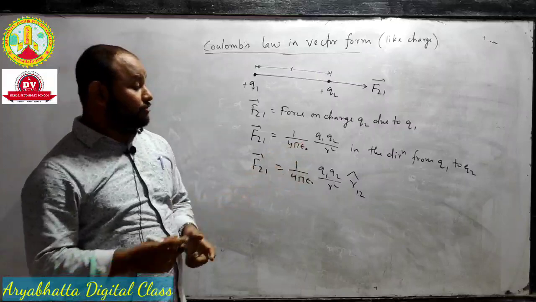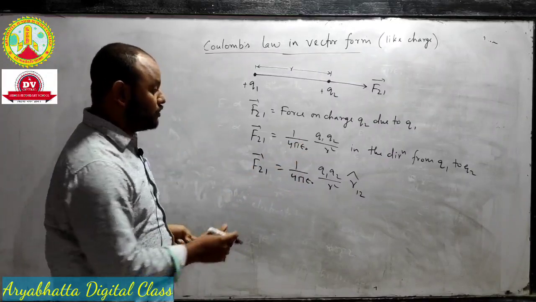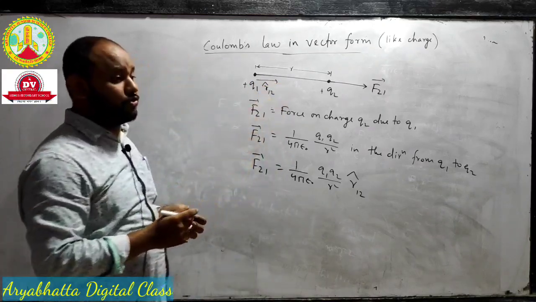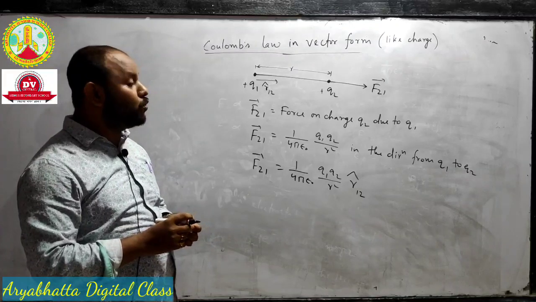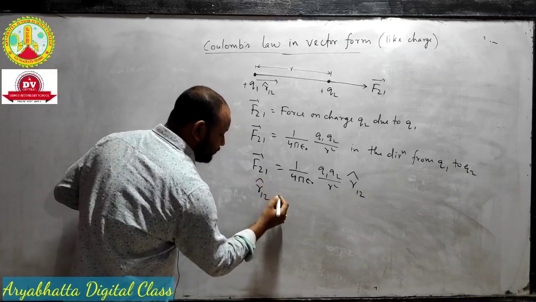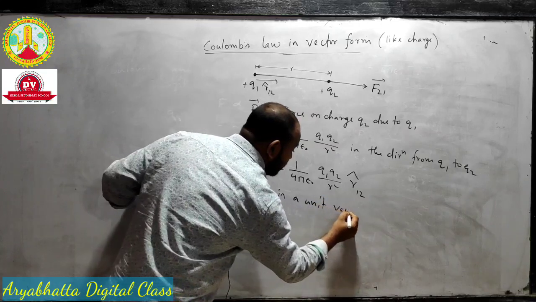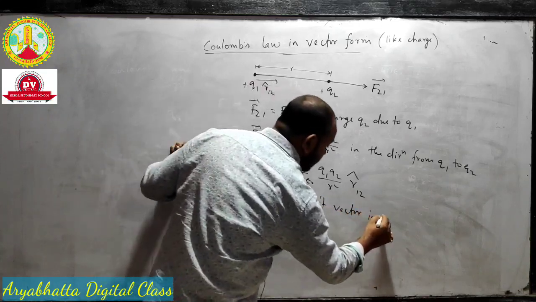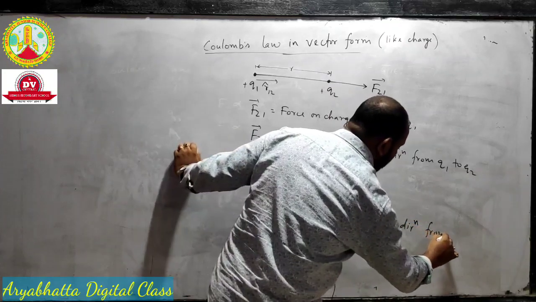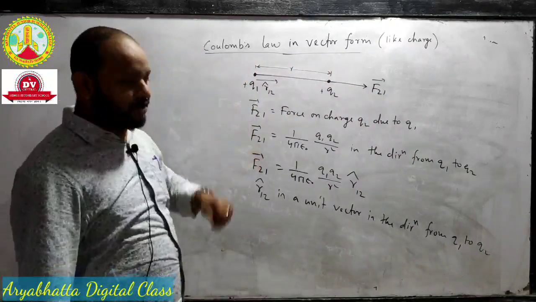What is this r12 cap? r12 cap is a unit vector in the direction from Q1 to Q2. So this is the vector form.